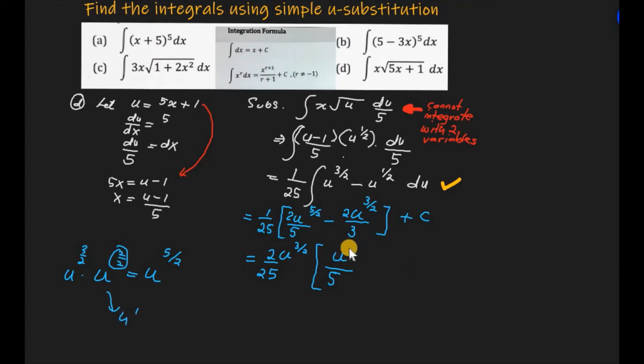So we have u power 1 on 5. Okay, good. And then second part, we take out the 2, and then we take out the u power 3 on 2. So we are left with 1 over 3 only. You can leave your answer like that. But yes, of course, you need to replace the u.